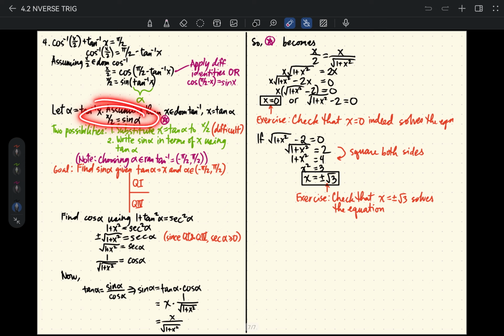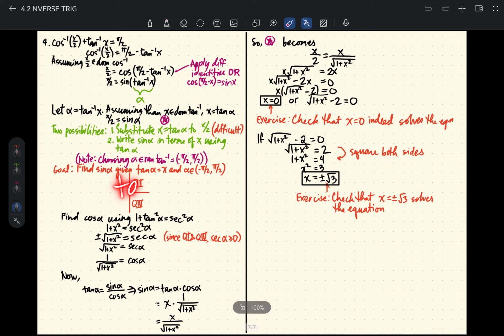First is to write everything in terms of alpha, but we figured out that it's difficult since you'll have tangent alpha over 2 equals sine alpha. So as you can see, you have two trigonometric equations, and that one is quite problematic. So instead of writing everything in terms of alpha, what we did is eventually write everything in terms of x. So what we did is find sine alpha in terms of tangent alpha, which is not quite straightforward.